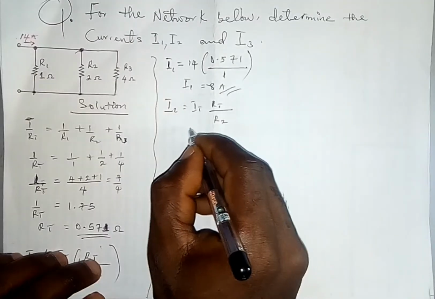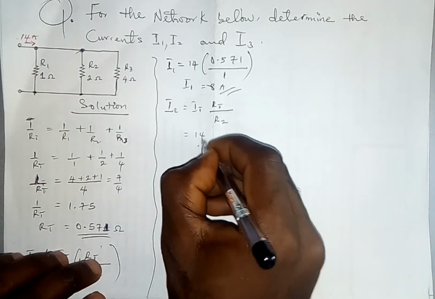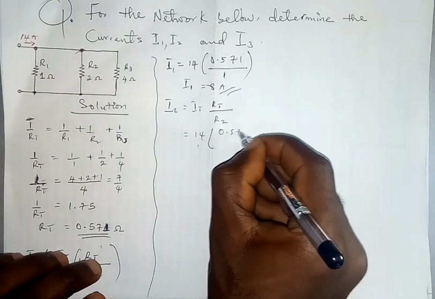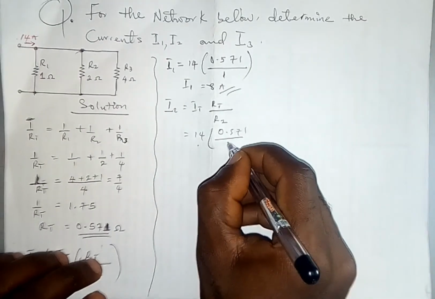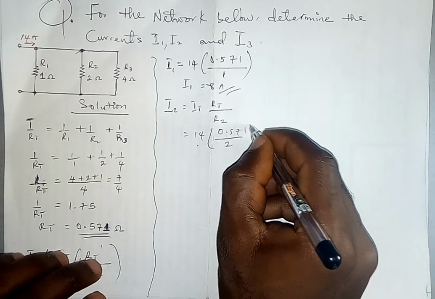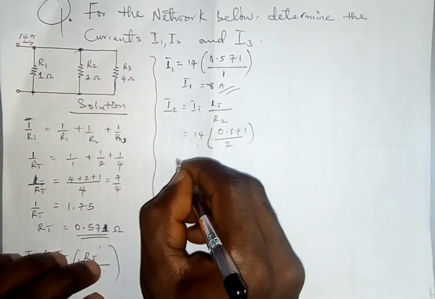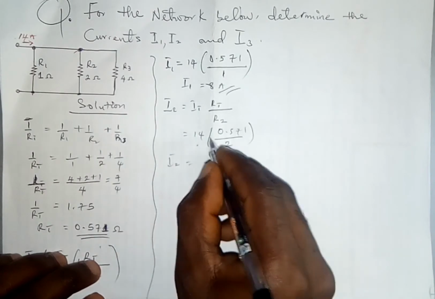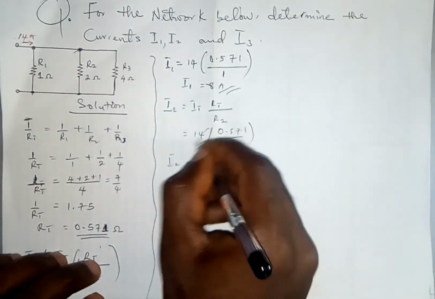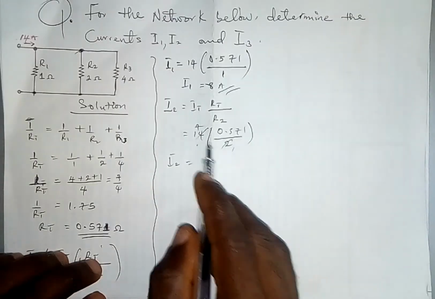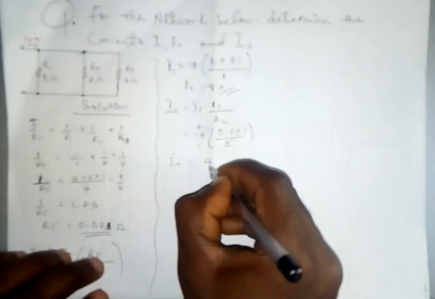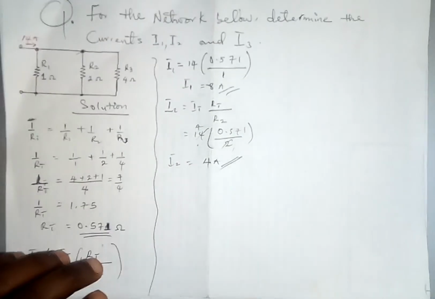By the time we do our substitution, we are going to have 14 multiplied by 0.571 over the value, which is 2. So the 2 cancels and that is going to remain 7. So 7 times this. Let's quickly punch our calculator. So we are having approximately 4 ampere.